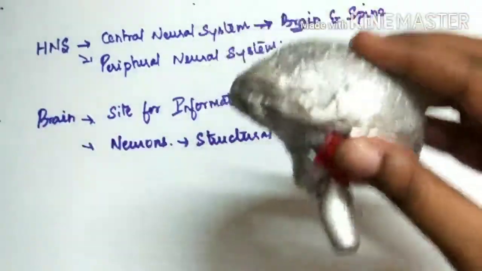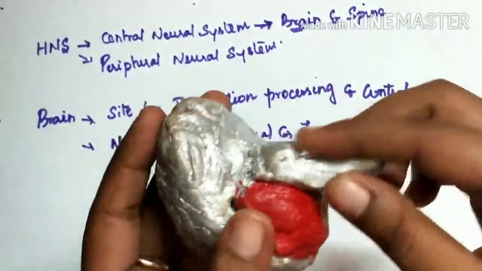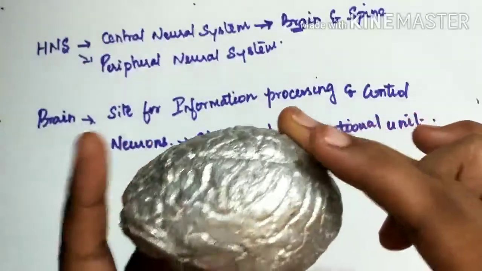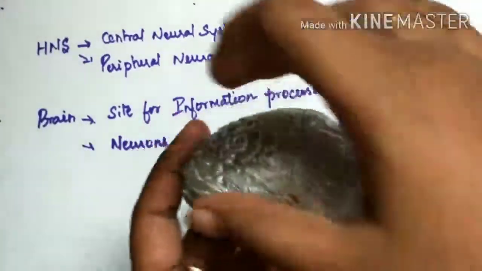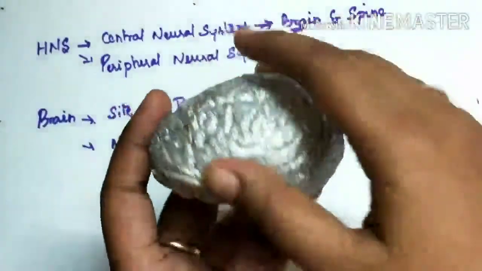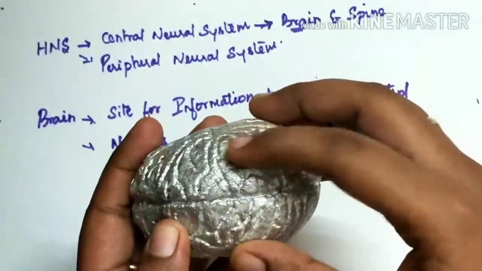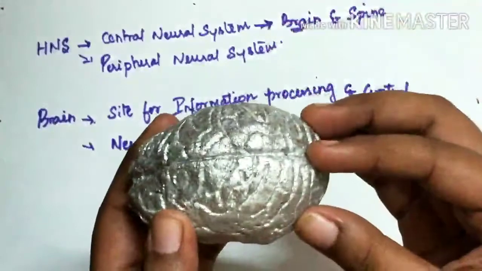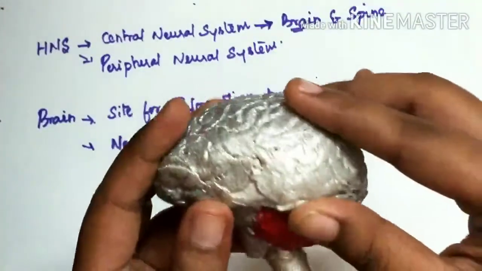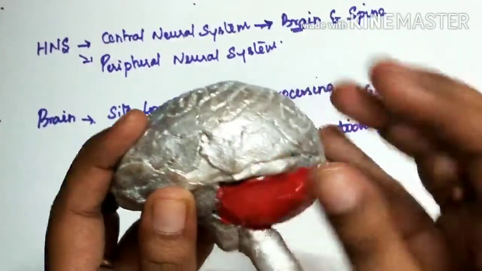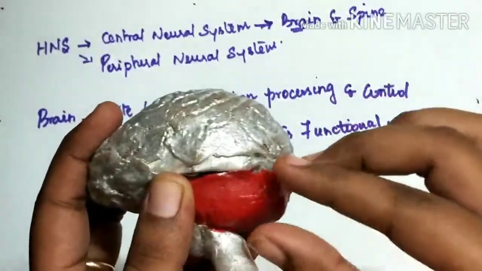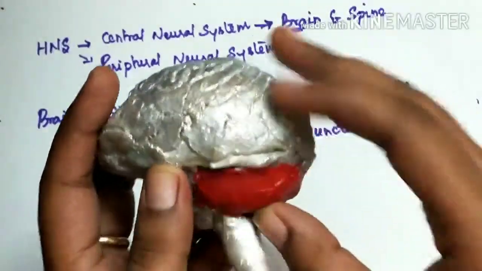Then there is the brain stem. The large portion with intrusions is the cerebrum, and a central cut is present here. At the bottom you can see the cerebellum, the red highlighted portion.